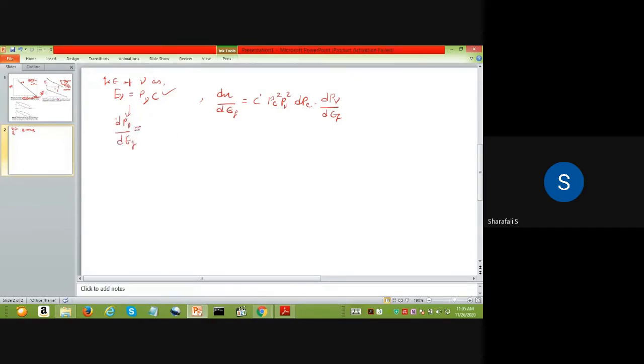From this equation we get 1 by c, because when you take dE nu by dp nu, you get c. If you take the inverse of that, you get dp nu by dE f equal to 1 by c. So we used these equations and substituted this 1 by c for dp nu by dE f in the Fermi analysis, and we derived all the terms, along with the constant. That is what we did in that analysis.